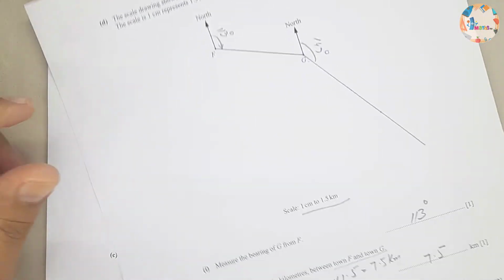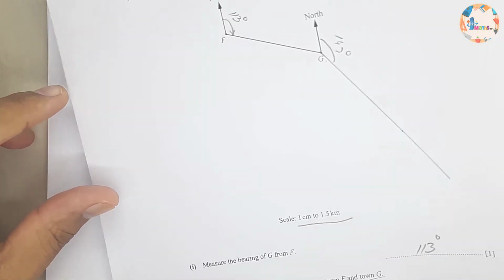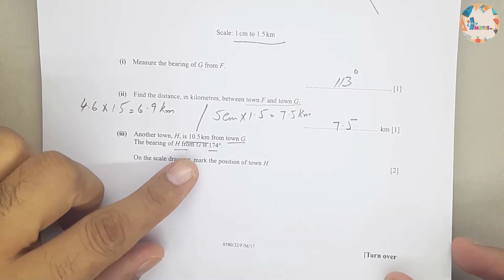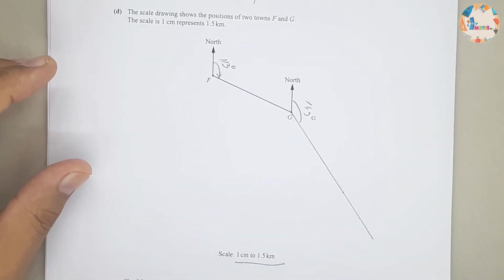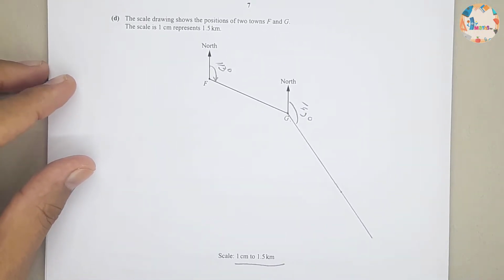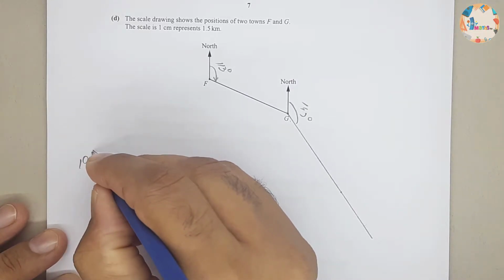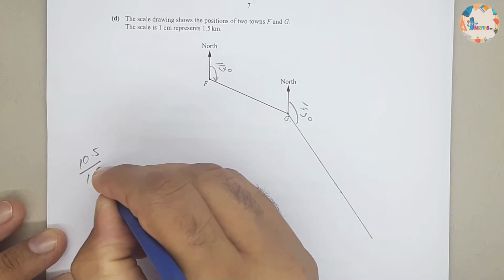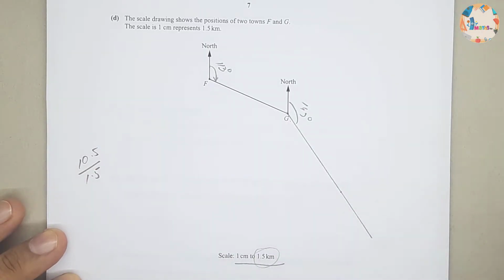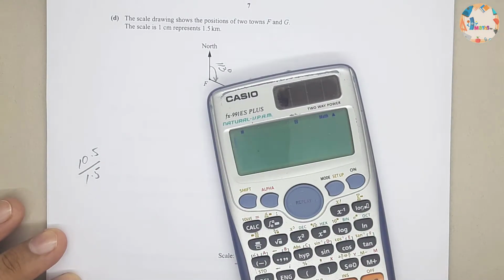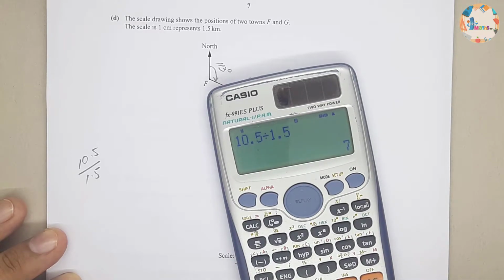Now the next thing is 10.5 kilometers. This is mentioned, 10.5 kilometers. To find the point H, we will have to find 10.5. So 10.5 kilometers, by the scale we have to divide by 1.5. So 10.5 divided by 1.5 will be giving us 7.